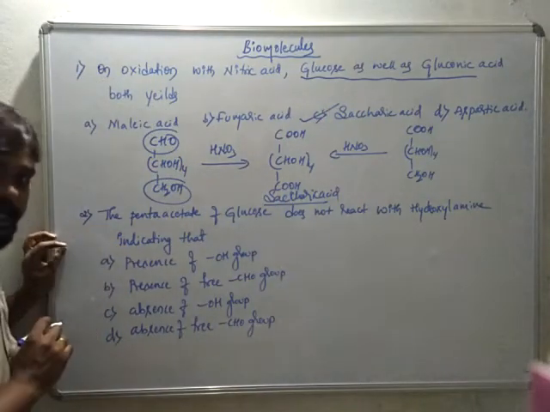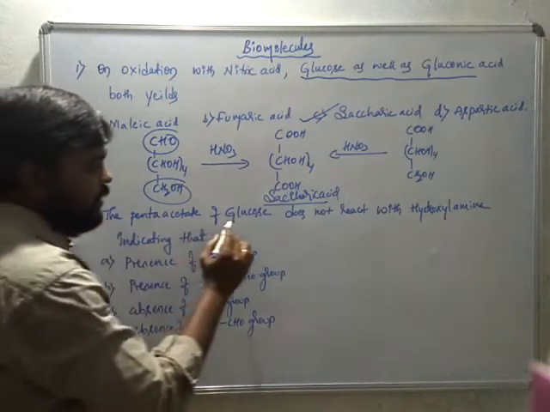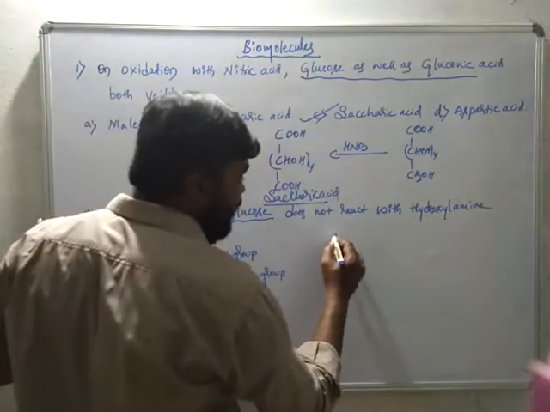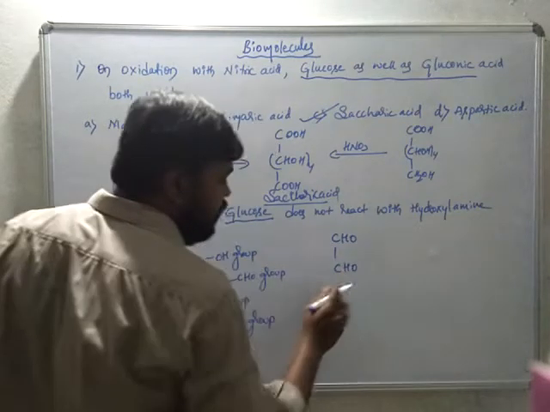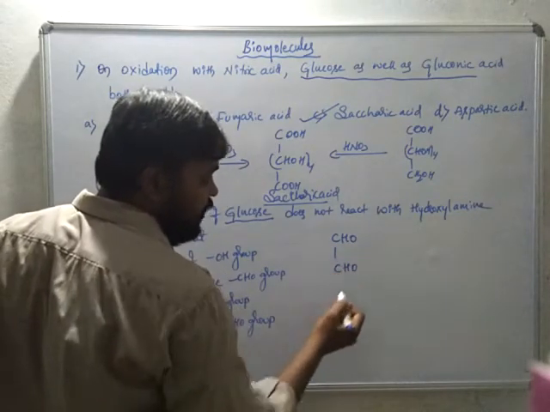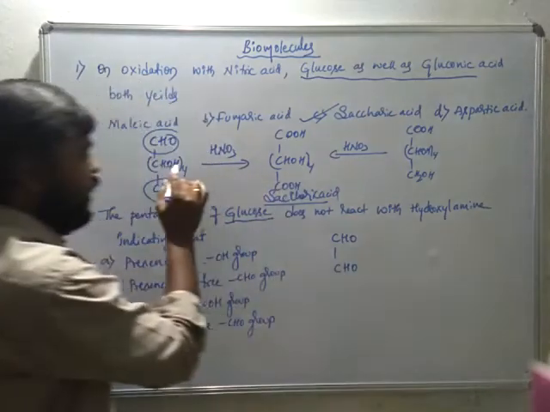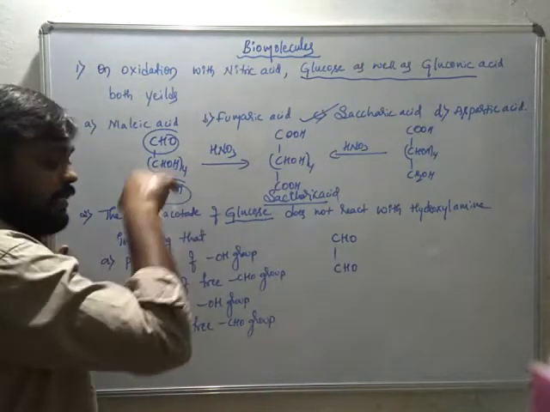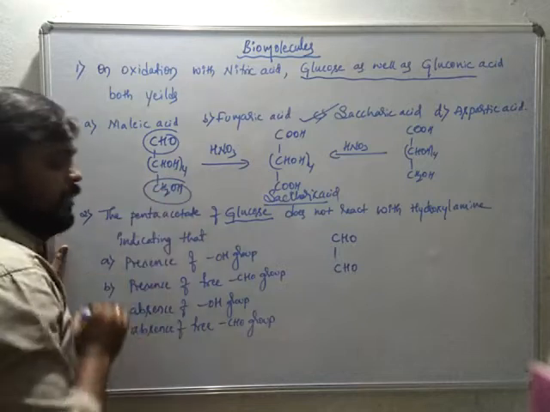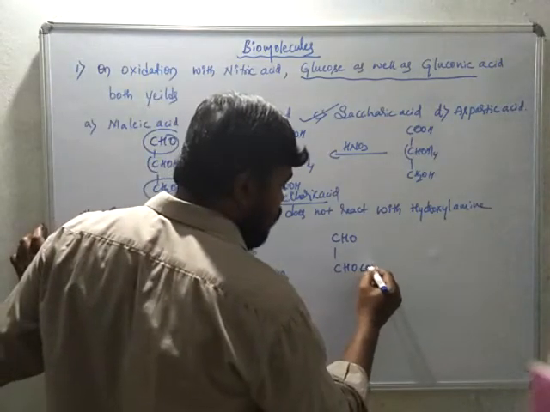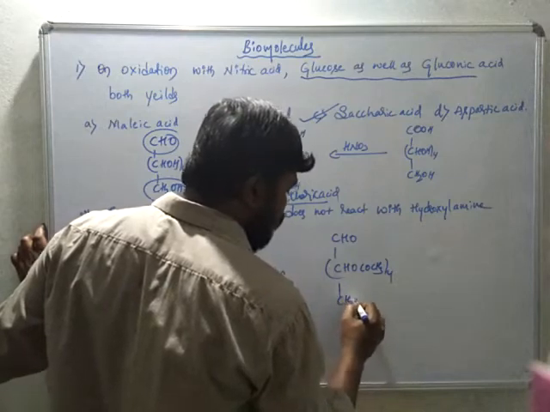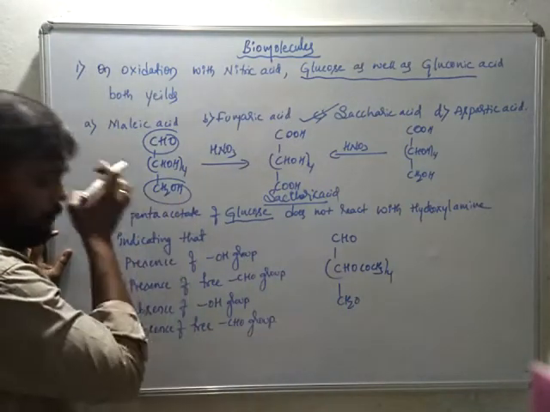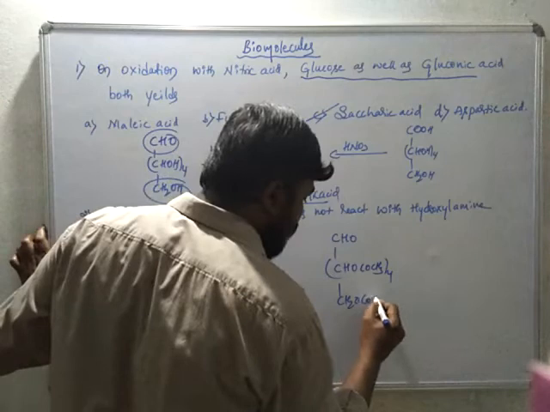The second question is about the pentaacetate of glucose. In glucose pentaacetate, the OH groups, taken 4 times, are acylated: the H is replaced by COCH3, giving (CHOCOCH3) taken 4 times, and CH2O with the H also replaced by the acyl group COCH3.